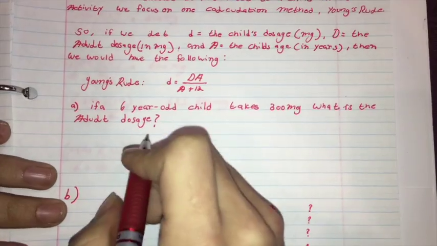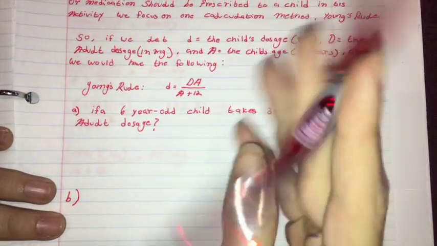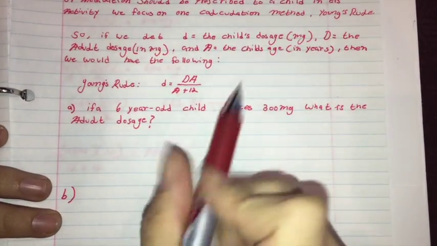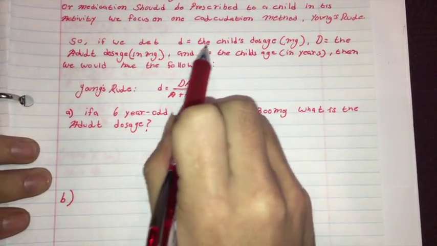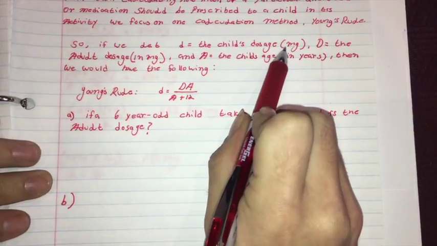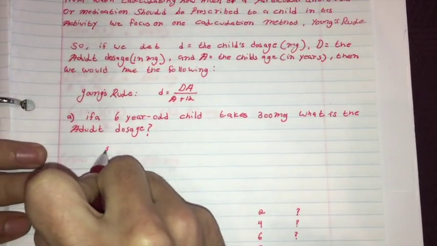The first thing we have to do is substitute our information in the formula. So we have d, which is the child's dosage in milligrams, equal to 300.